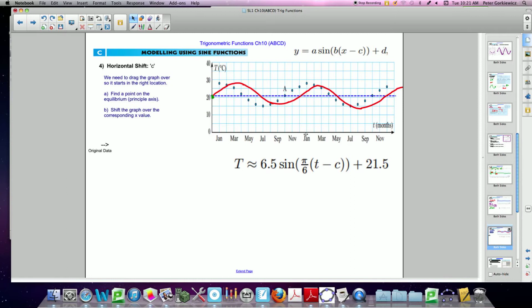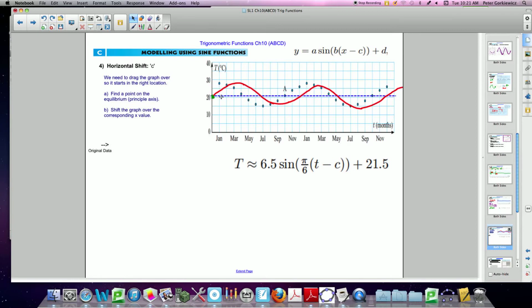Mine's a little bit off because I was hand drawing it, but it should go through one cycle and end up back at 0 here, right? So we've got to slide it, and we can slide it either this way and lock it in, or, see my little green dot is my initial point, or slide it this way and lock it in.